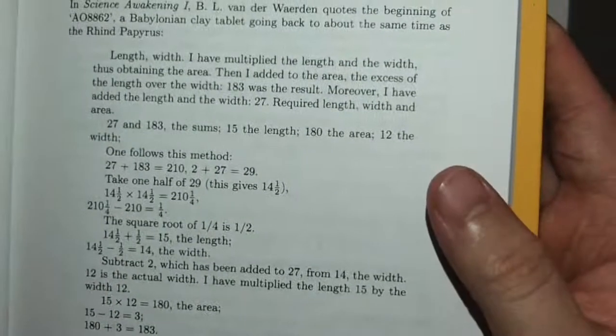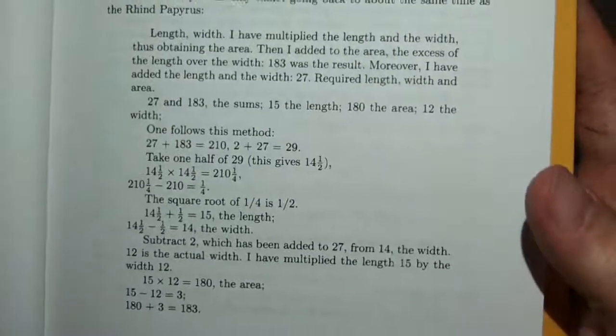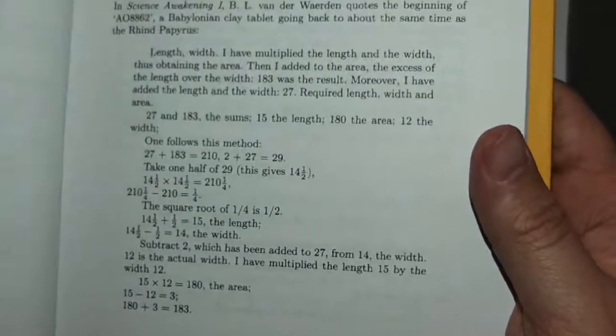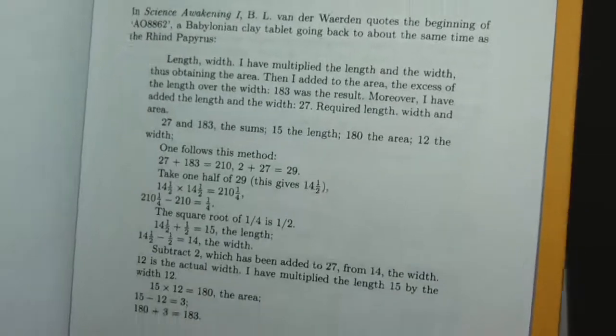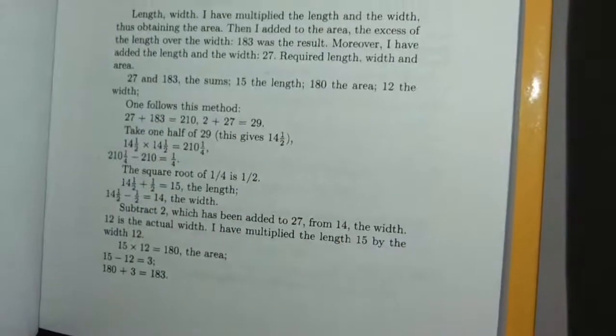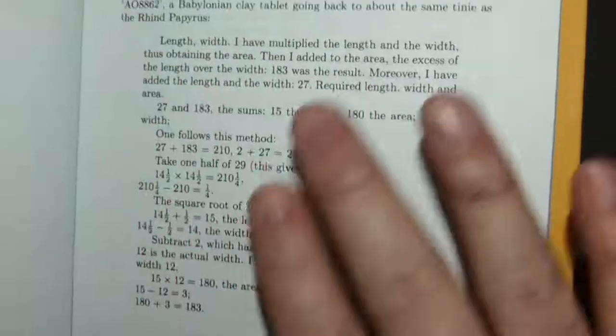What is this? This is a description of a problem and a method of solution. Of course, this is a special case. The way that this works out depends on these numbers, but there's a general method here.